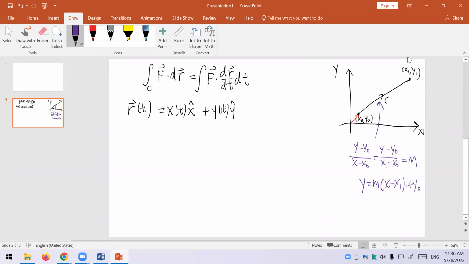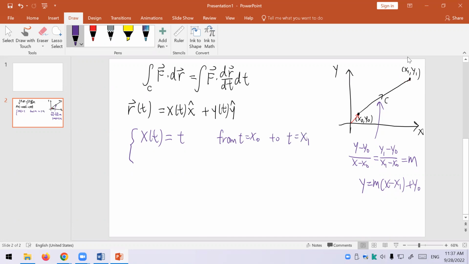Then for the parameterization, one simple way is that I simply set x as a function of t to be given by t. We know that t has to go from the initial point x naught and end at the endpoint x1, so from t equals x naught to t equals x1.